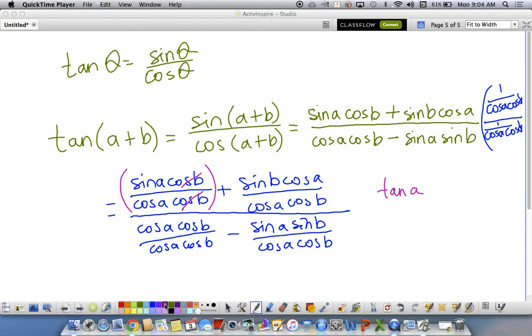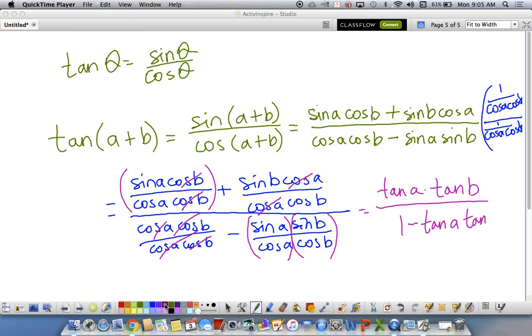Here, what about cosine A over cosine A? What about cosine A cosine B over cosine A cosine B? Is it just 1? What about the last one? Does anything cancel? But what do you know about this? Tan A, tan B.